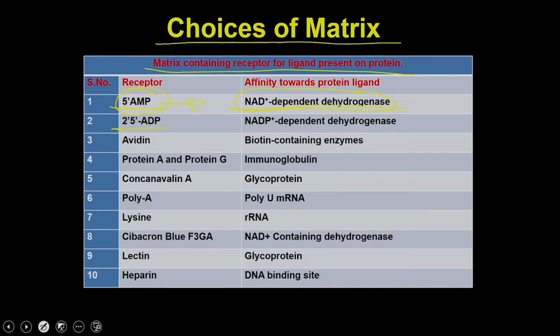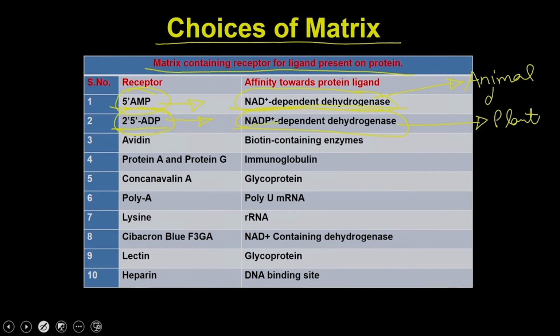Similarly, you have the 2', 5' ADP. If you use that as the receptor, then it is going to have the affinity for NAD plus dehydrogenases, which means it is going to allow you to purify the animal dehydrogenases, whereas the other is going to allow you to purify the plant dehydrogenases.